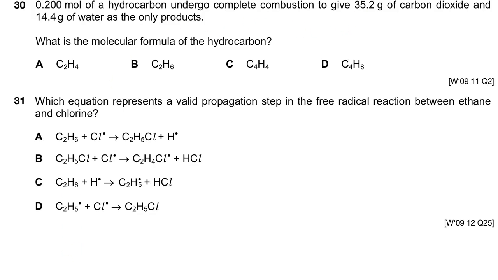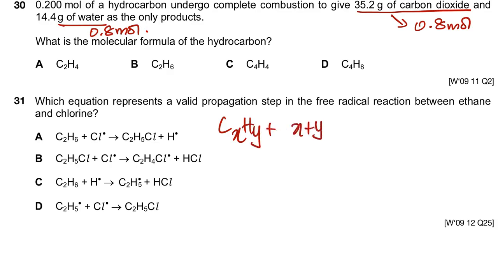But for that, if you convert this into moles and the water into moles by dividing by the Mr, this comes out to 0.8 moles. And the water also comes out to 0.8 moles. Which means that CxHy, the generic formula, plus (x + y/4) O2, becomes x CO2 and y/2 H2O.